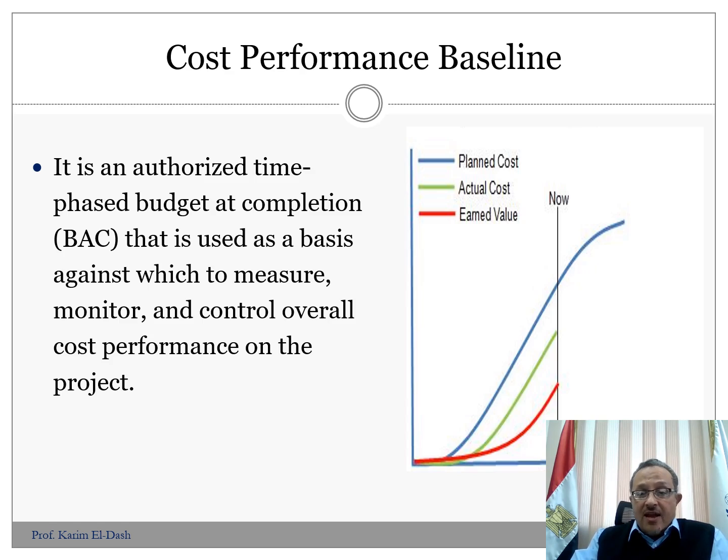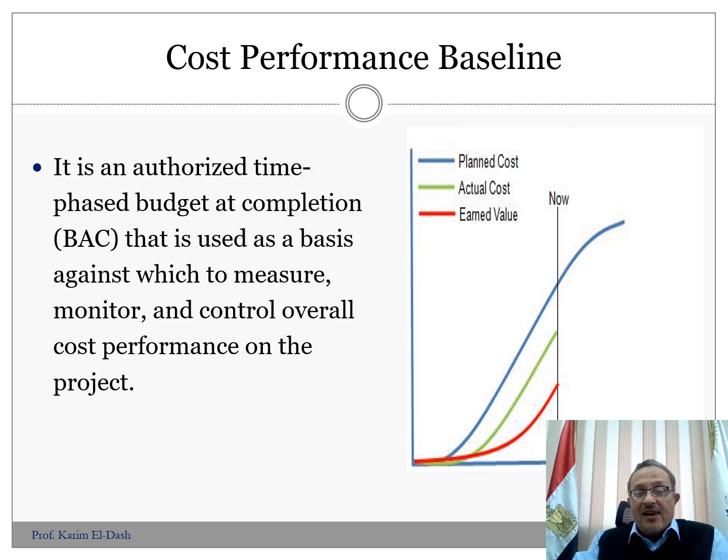On the other side, the red curve shows the earned value. The earned value is the planned cost for the items that have been completed already up to the data date.